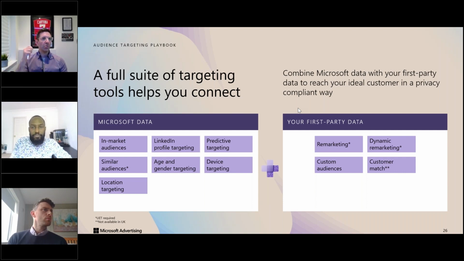And some people say, okay, well, why is this available on this publisher but it's not available on Microsoft? The general crux is that privacy is key to what we do, what we release, and that's why you will see some of the options not available in certain markets. You'll see some options just not on the table at all. But we have a comprehensive set of assets that we can offer you through targeting.